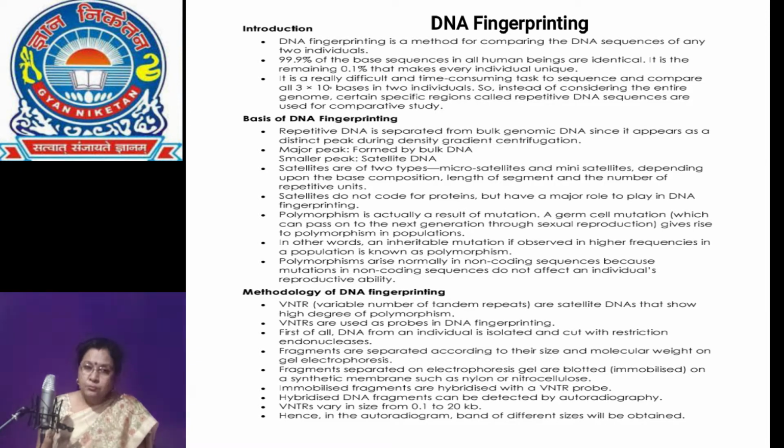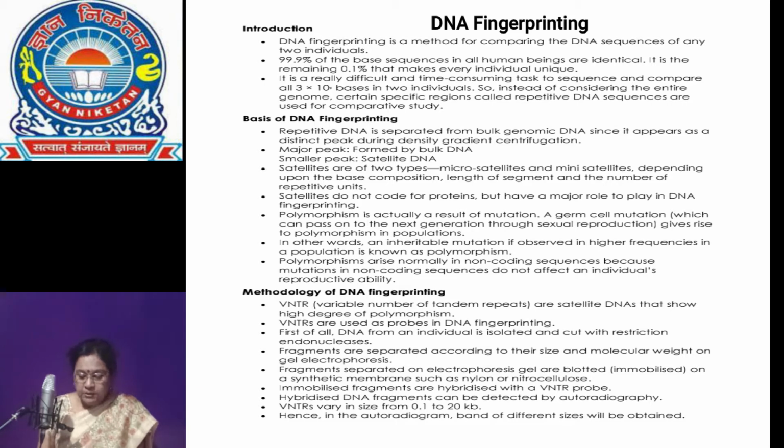The genome consists of a small stretch of DNA which is repeated many more times. This repeated or repetitive DNA also comprises satellite DNA. This satellite DNA does not code for any protein, but forms a large portion of the human genome.